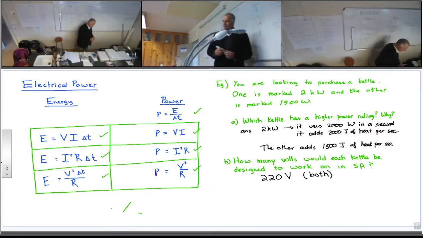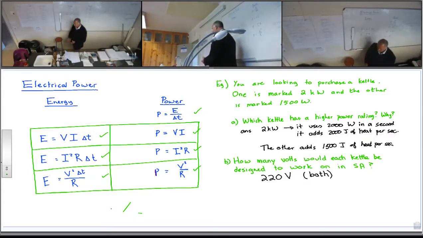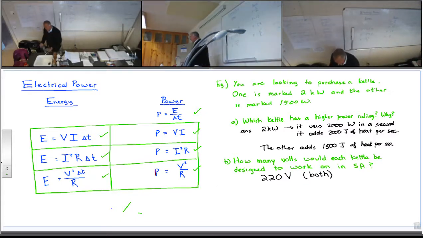So if they're both plugged into 220 volts, why does the one produce more heat than the other? More effectively designed. Less resistance or more resistance? More resistance. Let's put that down as the next question.